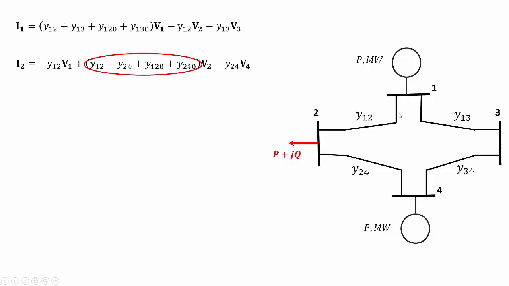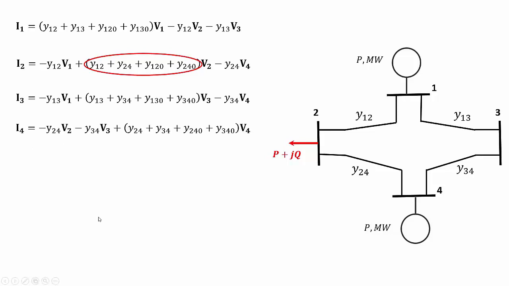The sum of the admittance connected to bus bar 1 will be Y12 plus Y13, plus the charging elements here, Y120, Y130, multiplied by V1. Then between 1 and 2, Y12, negative, multiplied by V2, and in V3 it will be this admittance and negative. Similarly, you can write down for I3 and I4.